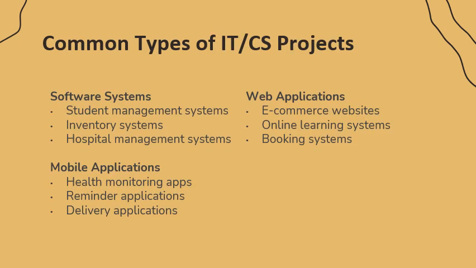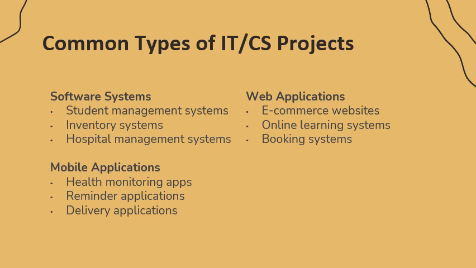Now, in these slides, common types of IT and CS projects. Software systems are widely used in various industries to manage operations more efficiently, right, and accurately. For example, student management systems help educational institutions handle student records, attendance, grades, and academic information in an organized way.